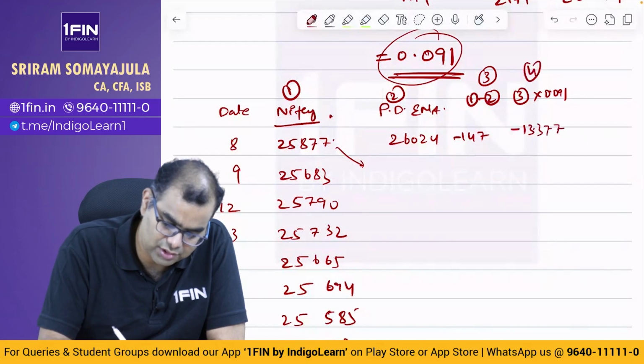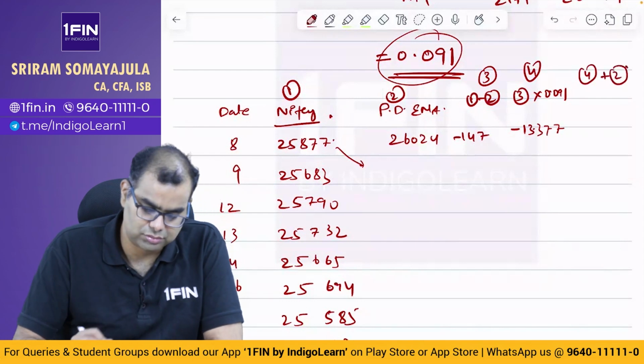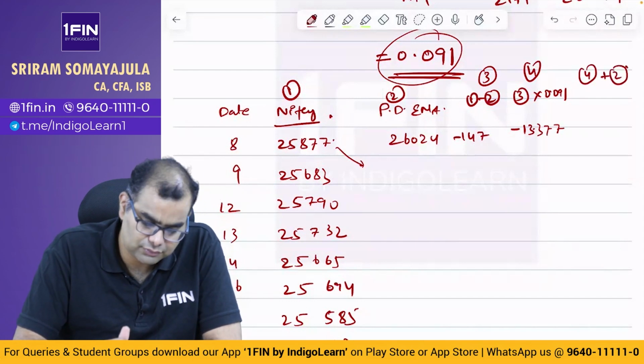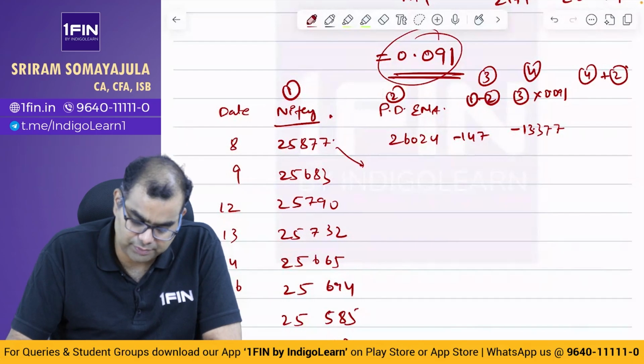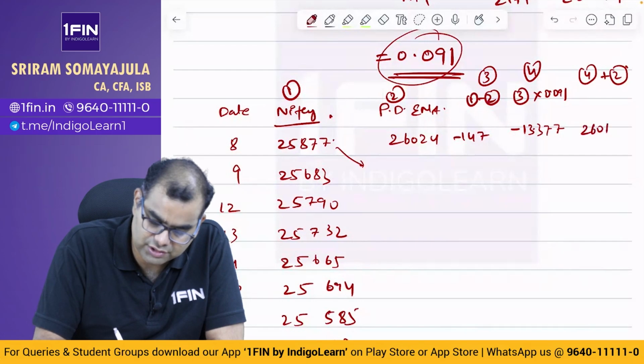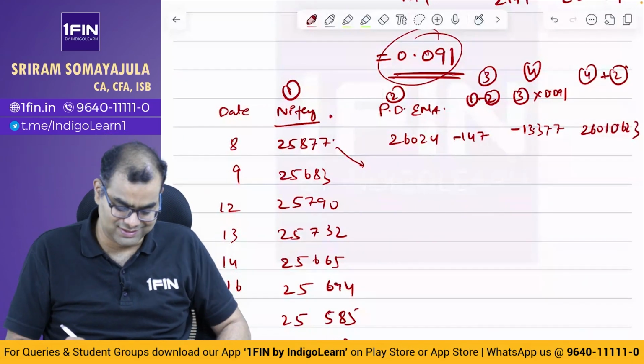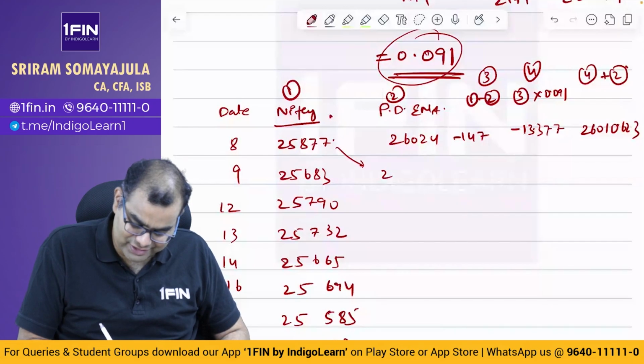This is 4. 4 plus 2, so plus 26024. You get 26010.623.